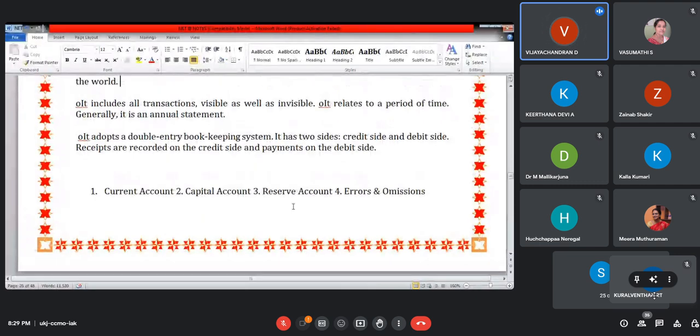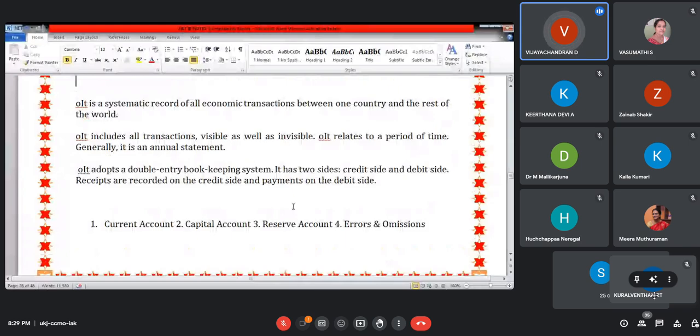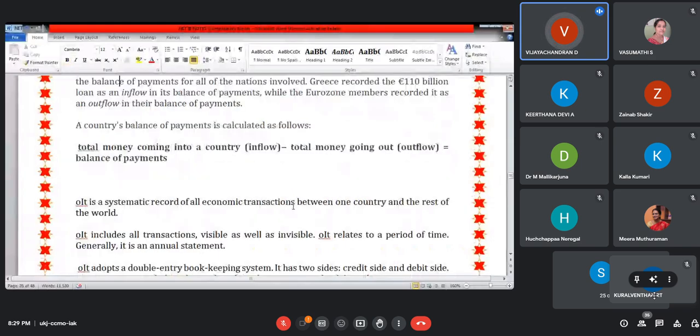Okay, that we have to see. So before that, what is the balance of payment? The balance of payment will be calculated by the formula: total money coming into the country, that is inflow, and total money going out of the country, that is outflow. That will give the balance of payment.